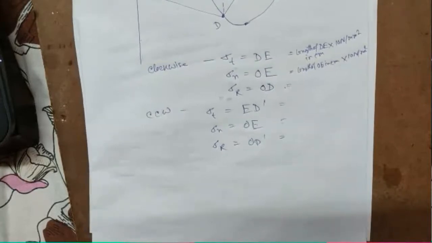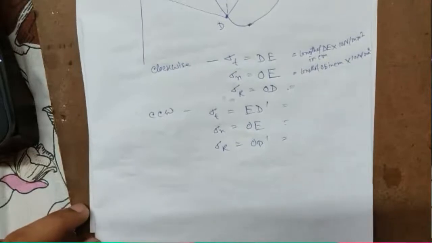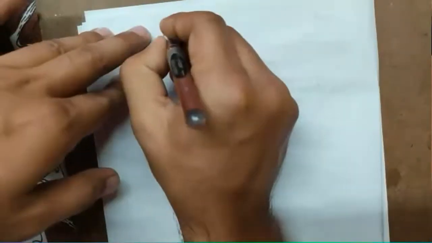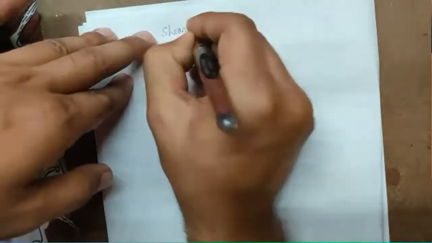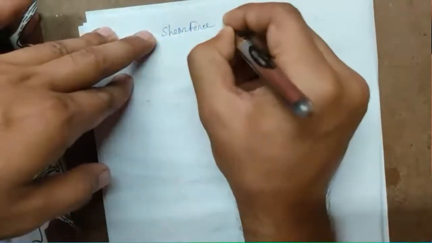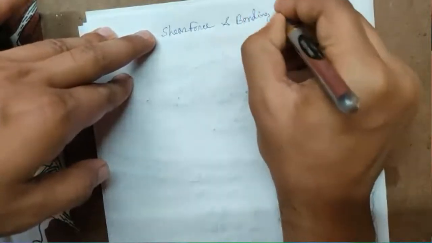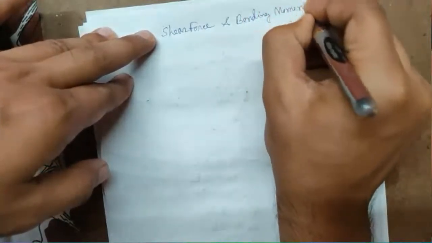Now we will go to our next chapter. We will learn how to find out the shear force and bending moment. So our next chapter is shear force and bending moment.